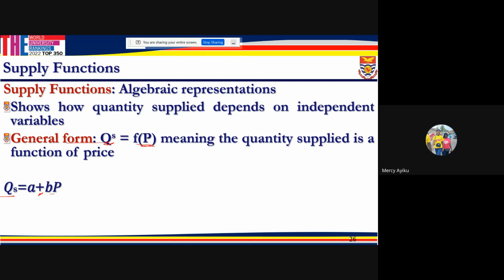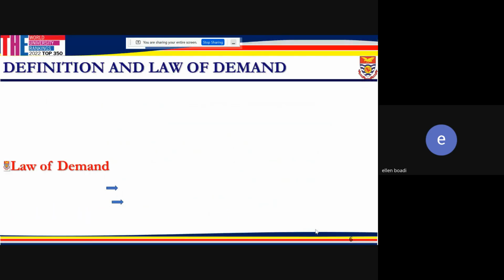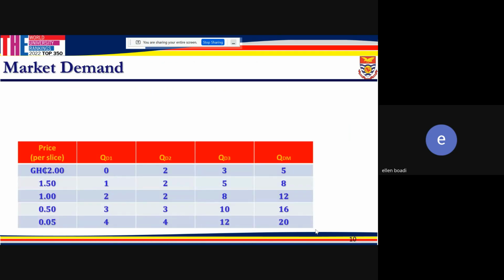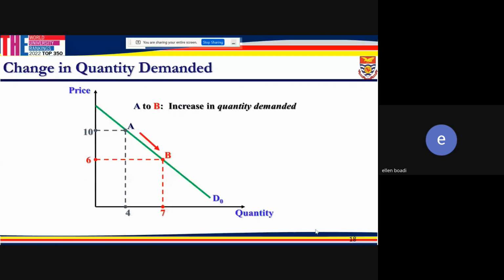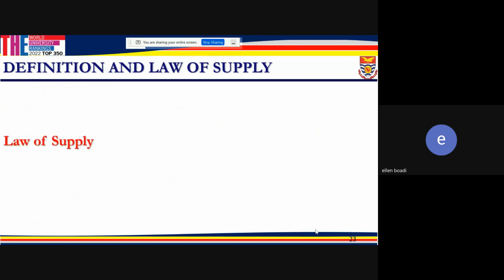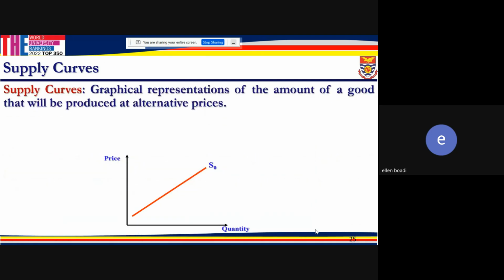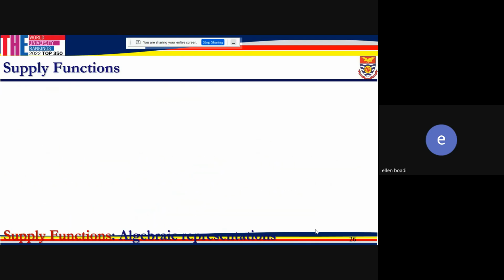It's increasing, it's positive. Yes, it confirms a positive relationship between the price and the quantity.